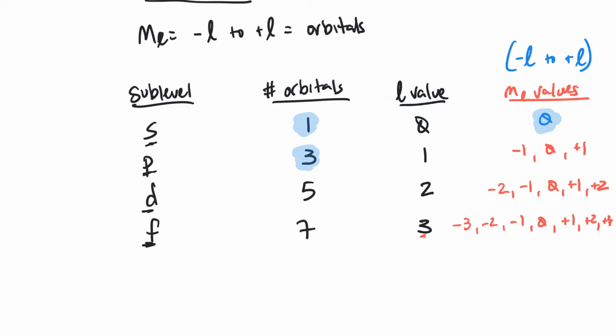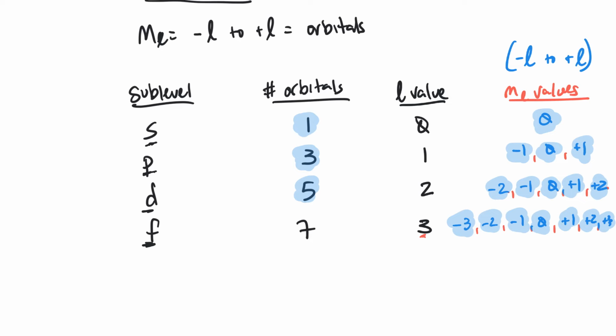If you notice, you have 3 orbitals and 3 possible values. For D, you have 5 orbitals, and when the L value is 2, you have 5 possible M sub L values. And for F, you have 7 orbitals. When the L value is 3, you have 7 possible M sub L values. So they really correlate with one another, okay?